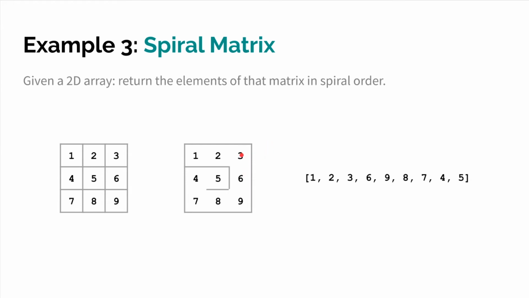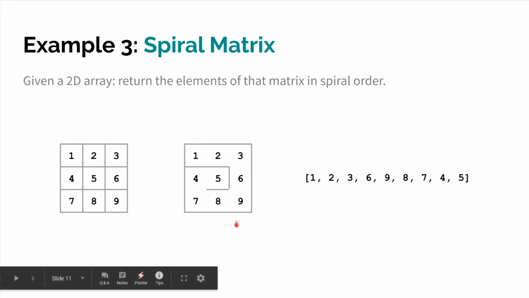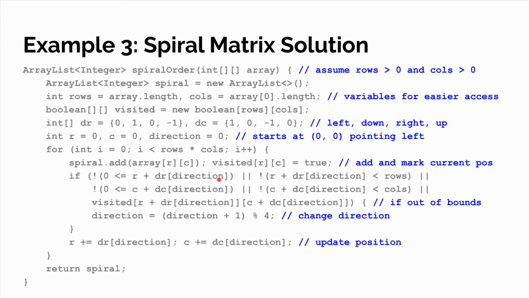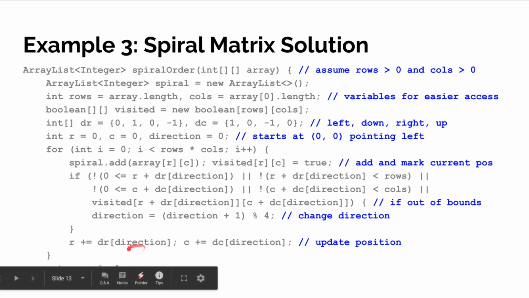So now, again, turn down, mark this, go next. Mark this, go next. Oh, we can't go down here. And then you can see how this eventually spirals its way to the center until we manage to get all the values in this array. And at the end, we're just going to return our spiral.